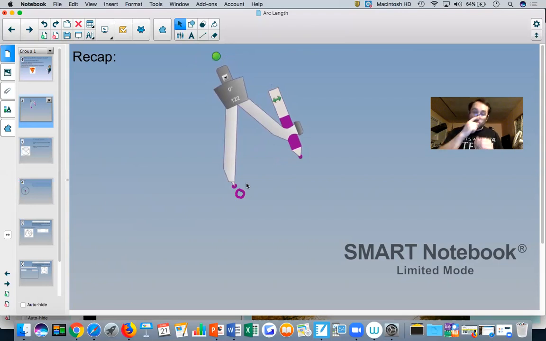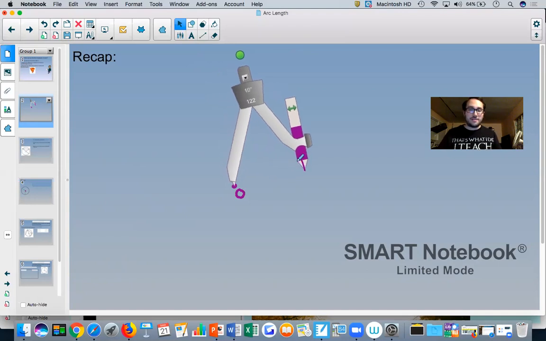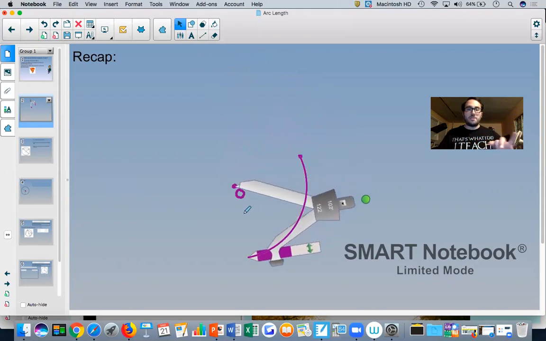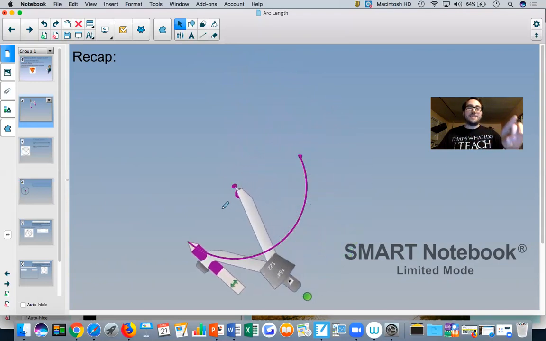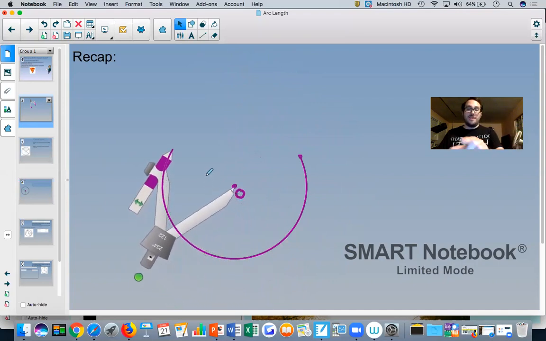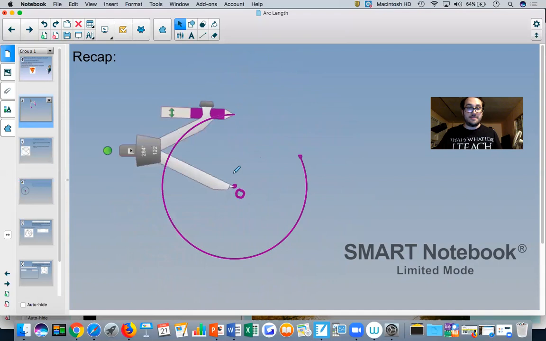So you see how this tool is measuring the distance between O and this new point. If I now trace around like this, every single piece of purple that you see is that same distance away. And you should hopefully recognize that that distance between O and that new point is our radius.